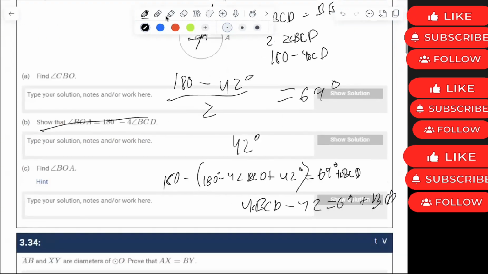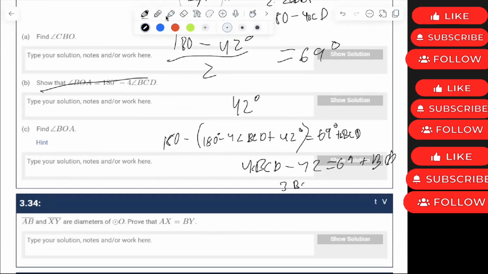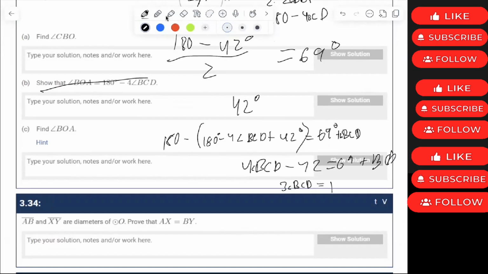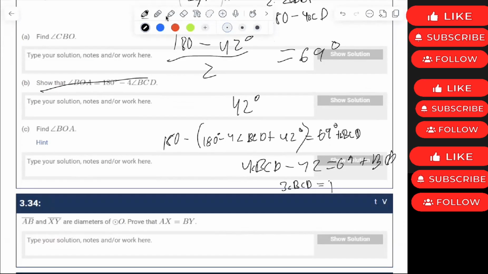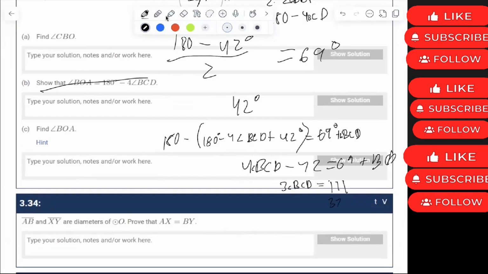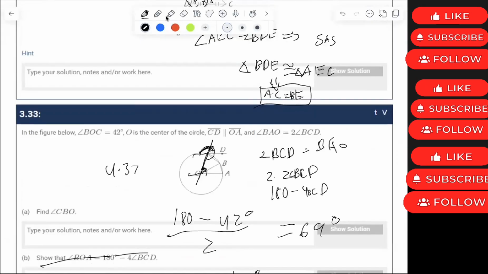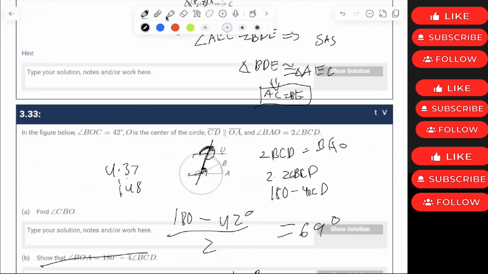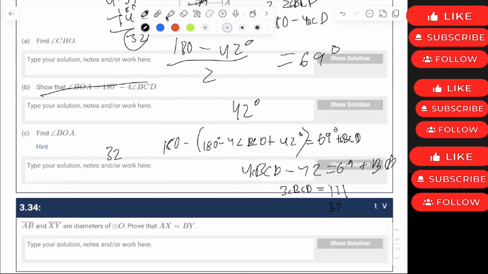Putting them on the same side, 3 BCD is equal to 111. So 37 is equal to BCD. 4 times 37 is equal to 148. 180 minus this gives you 32, and that's your final answer.